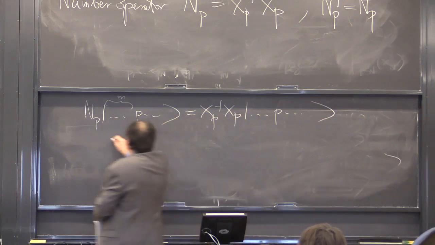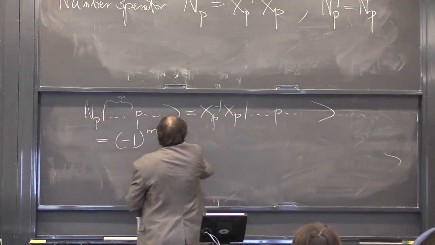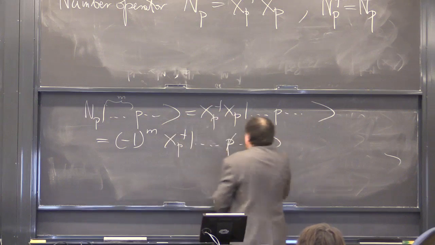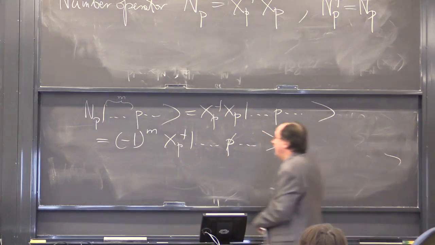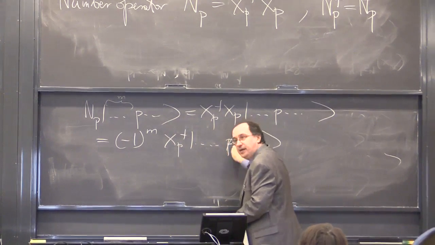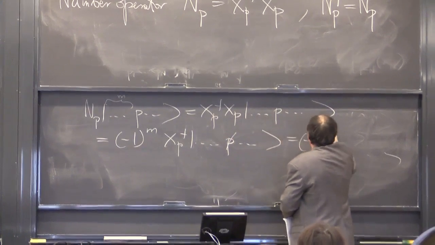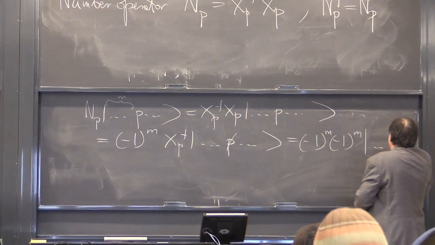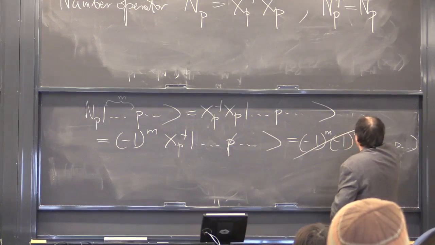So according to our definitions, you're going to have -1 to the M, X P, and you eliminate that P. That's the first thing that will happen. And then in the following step, you apply X P dagger to this. That means you're going to put a particle back in level P. That's going to be another phase factor -1 to the M. So you have -1 to the M times -1 to the M, and you end up with P being back. Well, that cancels out; it produces 1.